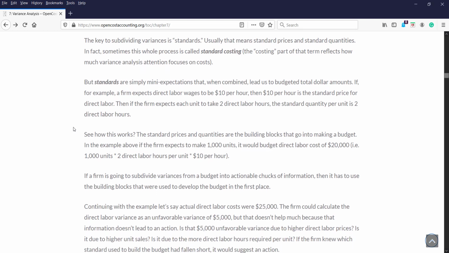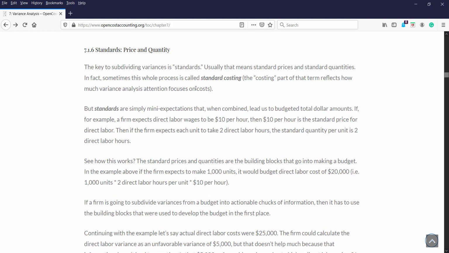Okay, so the key is we're going to have a standard price and a standard quantity. So these are mini expectations or mini budgets, if you will. They lead to the total budgeted dollar amounts in some categories. So if we have, in order to get the total budgeted amount at the end of the day of $20,000 for direct labor, we have to have lots of expectations.